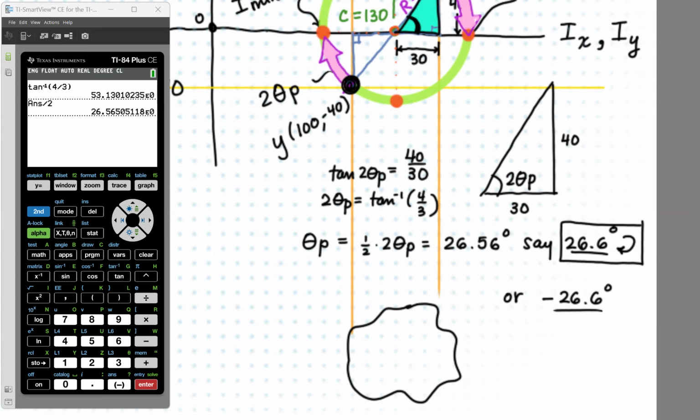So we had some random area, and we had centroidal axes, X and Y. But now we know to get to our principal axes, we need to rotate 26.6 degrees clockwise. That's going to give you your new axes.